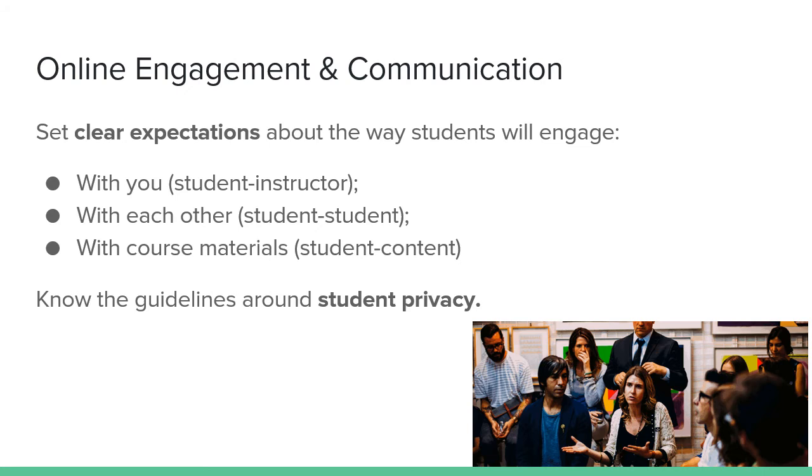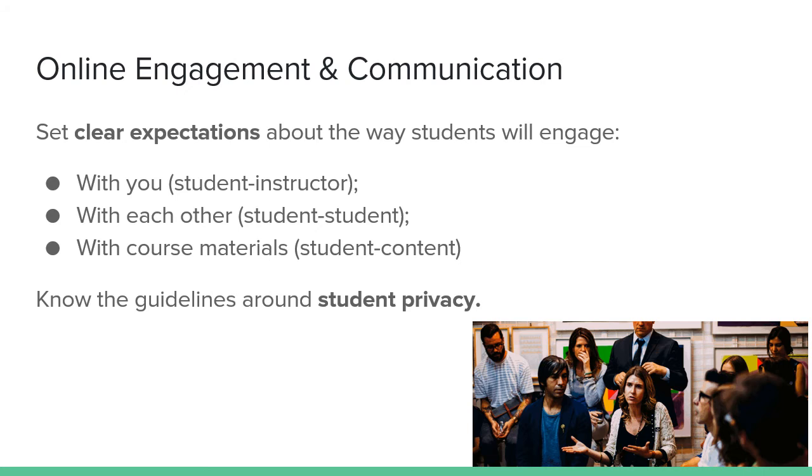When it comes to online engagement and communication, you have three main modes that make up every online learning experience. And we'll go into this in more depth elsewhere, but as you're designing, consider these three modes. You have student to instructor interactions, right? So students interacting with you, with their teacher.